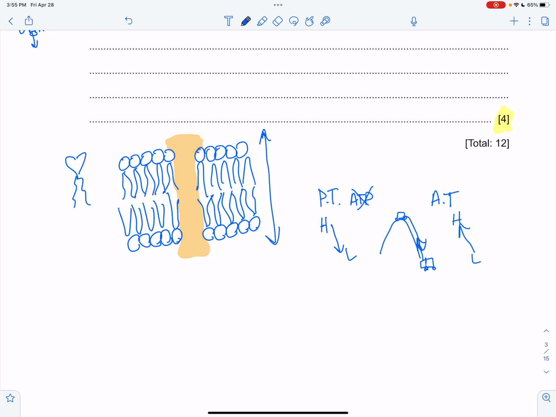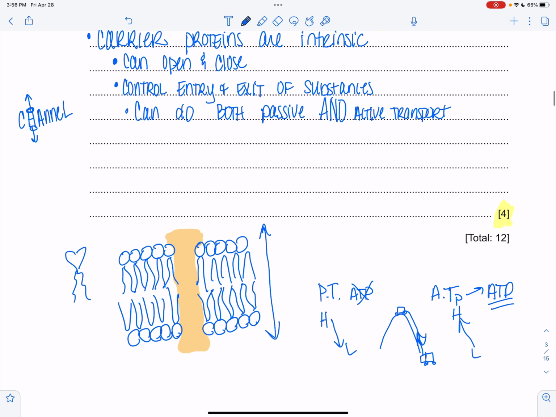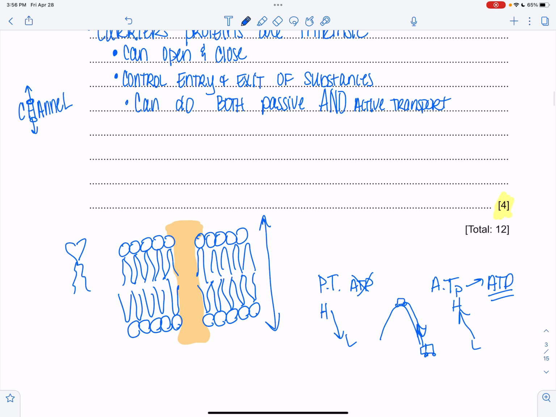I will occasionally write active transport as AT, but it's helpful because it requires ATP to do it. It does require energy going against the concentration gradient. And when they do active transport, they actually change their shape, and that does require a lot of energy. So carrier proteins can change their shape.